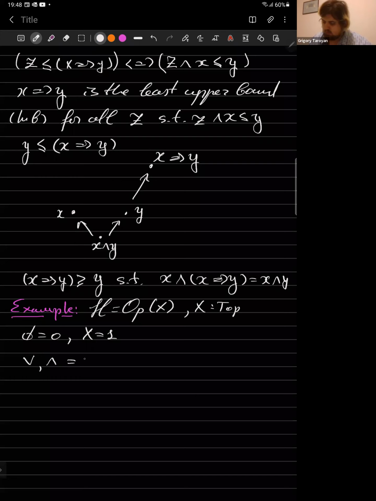Union and intersection, or and and, are interpreted as union and intersection. And the exponential object is computed like this. It is a union of all W such that the intersection of W and X is a subset of Y.